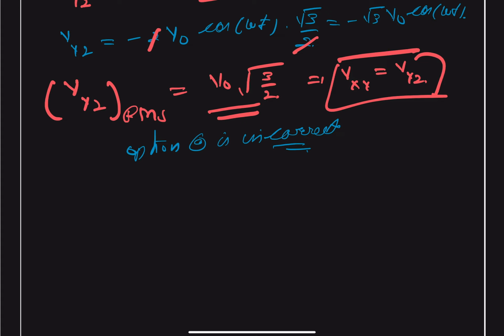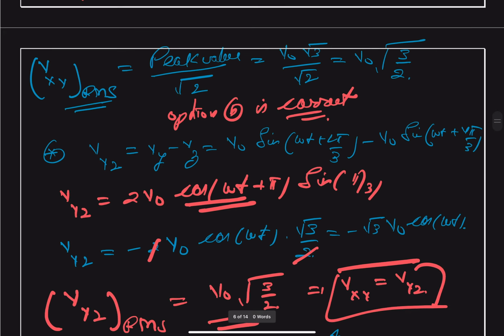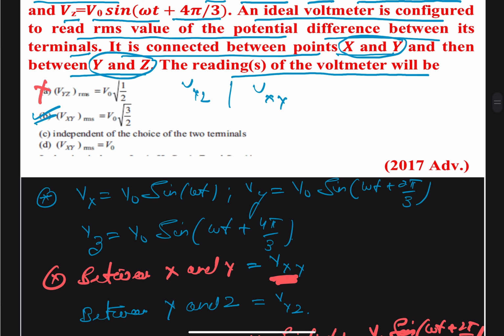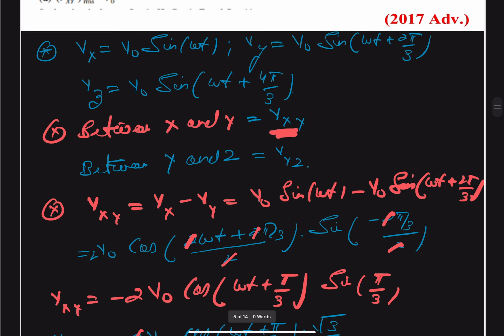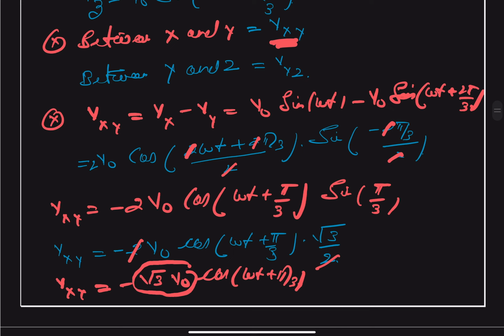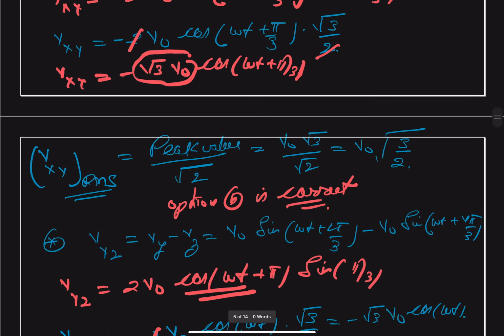And next, it is said that independent of choice of two terminals. So basically it means that, like in one of the solutions, we found out our Vx, this one. So here we calculated Vx as Vx minus Vy. Similarly, we calculated Vyz as Vy minus Vz.